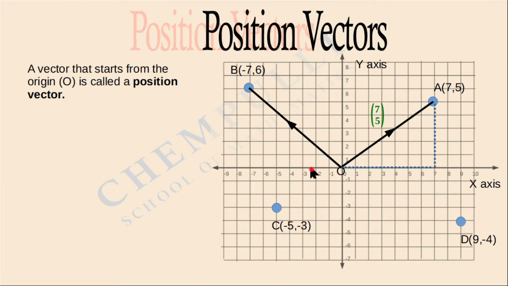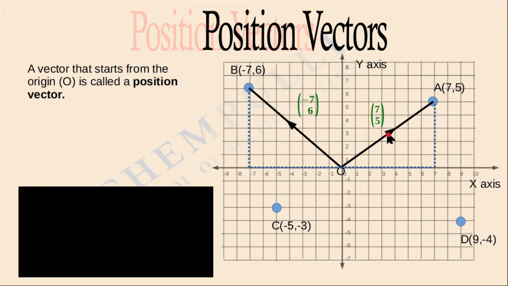Horizontal, how many units? 7 units, and vertical 6 units. Horizontal is to the left-hand side, which means we use negative. So we get the answer (-7, 6) as a column. Yes, (-7, 6).